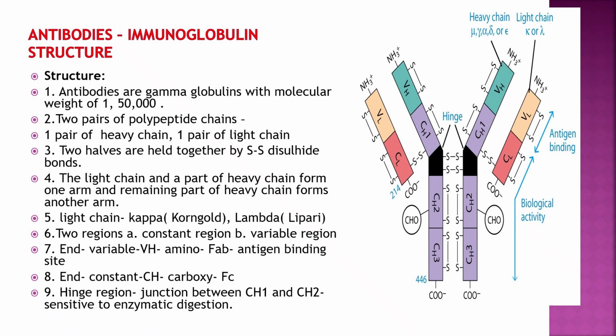Two regions are there, constant region and variable region. The variable region end forms the amino terminal, that is Fab, and it has the antigen binding site. The constant end, that is CH, is the carboxy end, also called Fc. The hinge region is the junction between CH1 and CH2, and it is sensitive to enzymatic digestion.